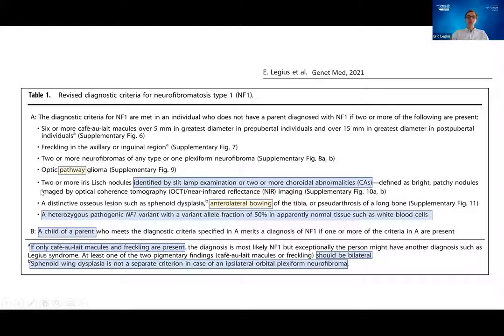So we introduced this because this is a very specific finding that together with the lisch nodules constitute a very interesting and good and reliable diagnostic criterion.